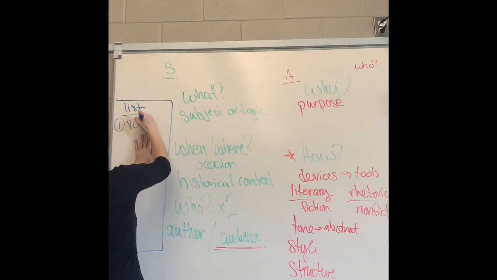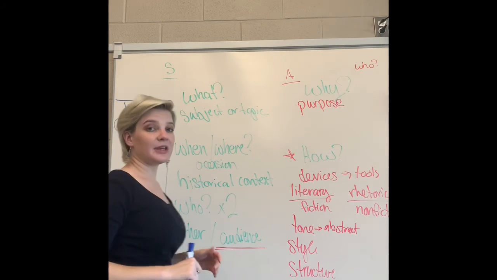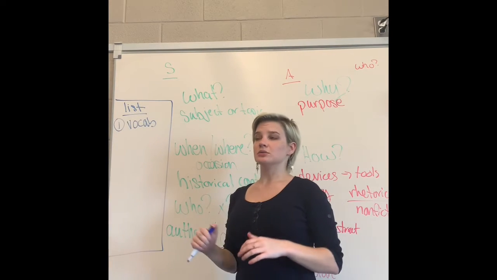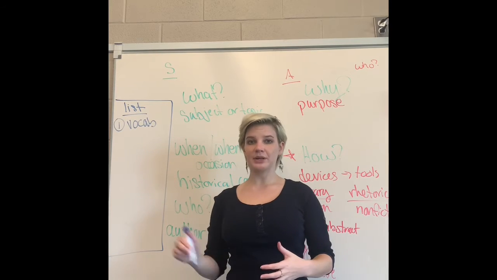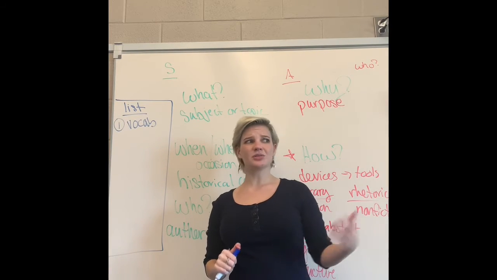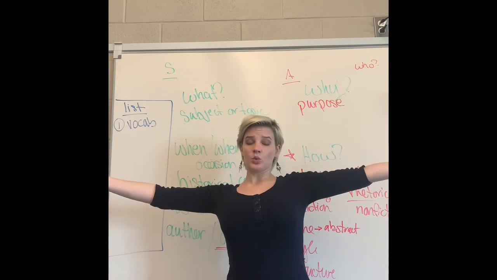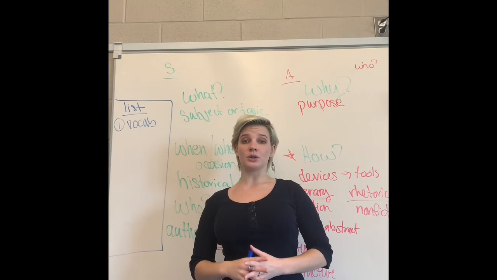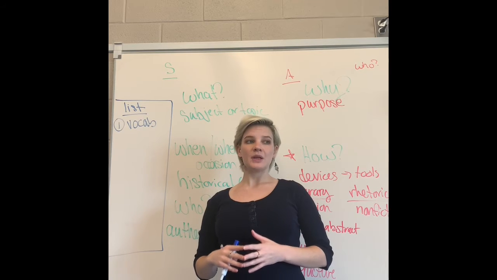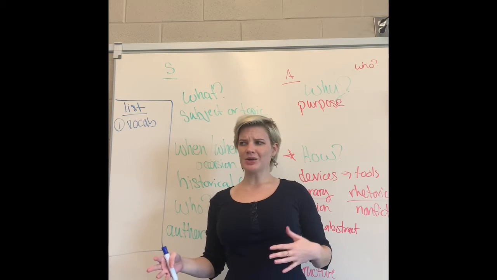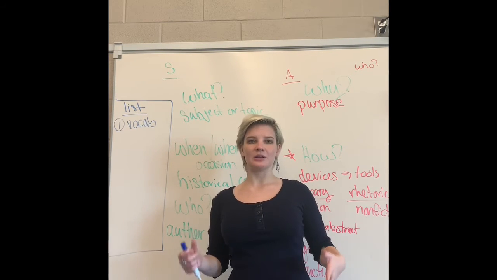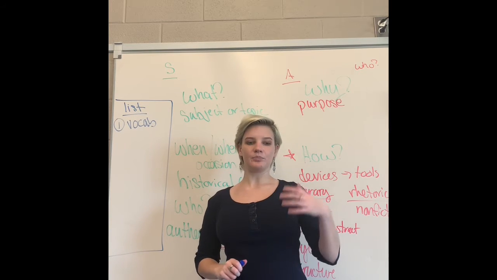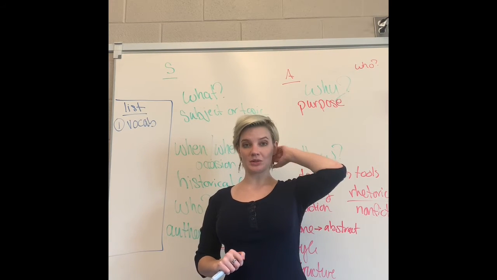So the first read through, you need to be thinking about the vocabulary. So as you read, circle words you don't know, underline them, highlight them. The world is your playground. However you want to note that you don't understand that word, make a note. And is it okay if you have more than somebody else? Yes, that is okay. This is how we learn. But we have to take the initiative to look those words up.